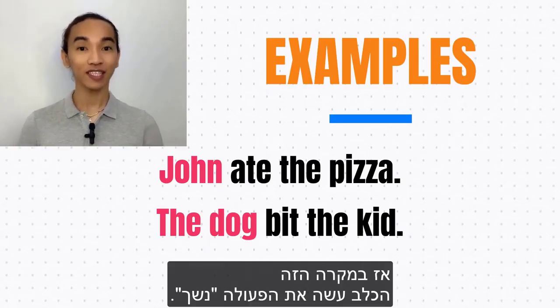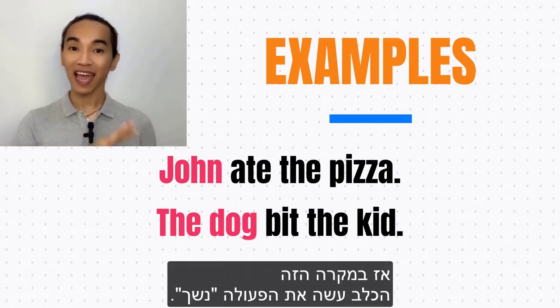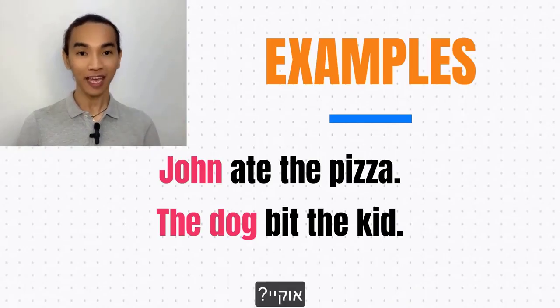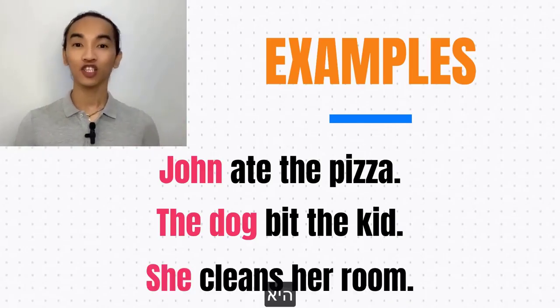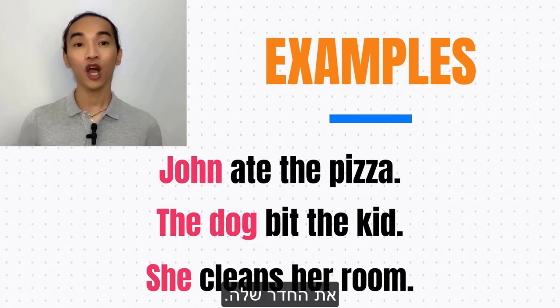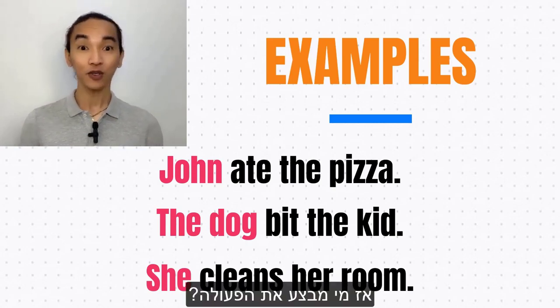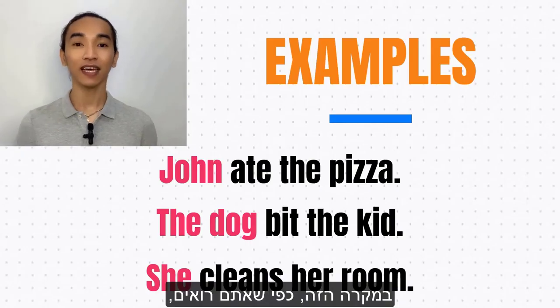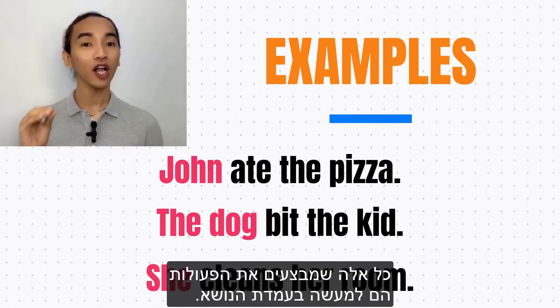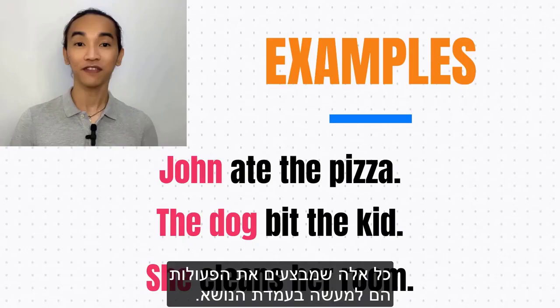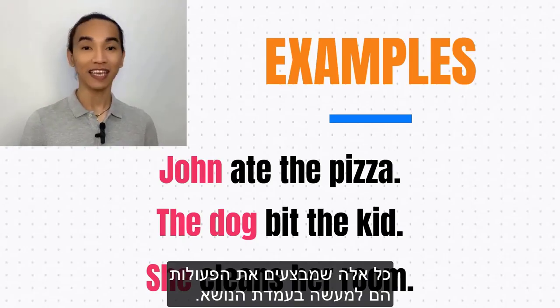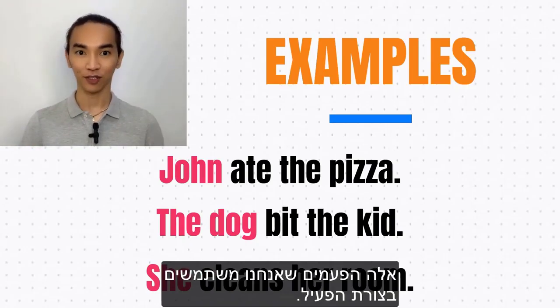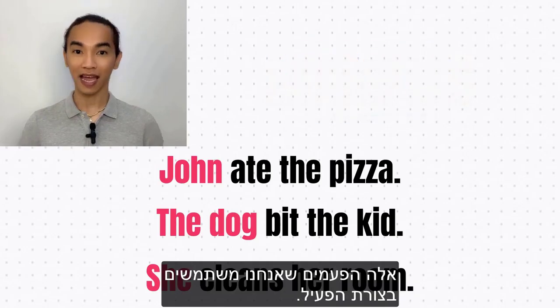So in this case, the dog did the action bit. Okay? Another one, she cleans her room. So who does the action? It's she. So in this case, as you observe, all of the doer of the actions are actually in the subject position. So that's when we use the active voice.